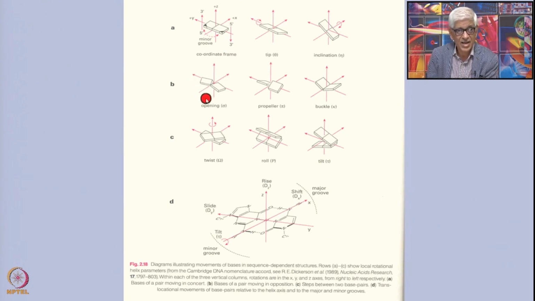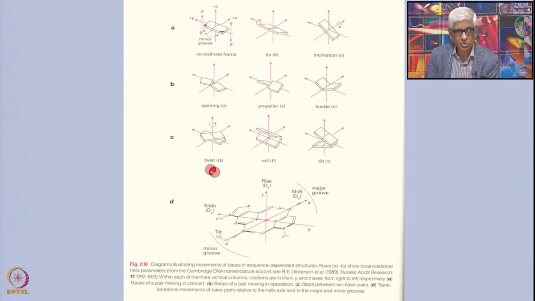You can again describe these with an opening with respect to this axis: the two bases are like this, or like this, or like this. This is the different torsion, the parameter called kappa here, and these are labeled by different parameters. You can describe how, within the same base pair, the two bases are oriented with respect to each other.